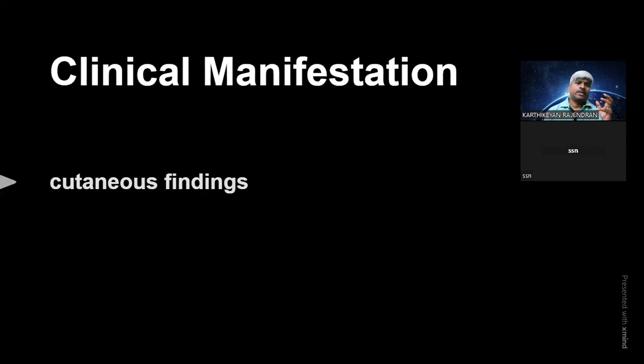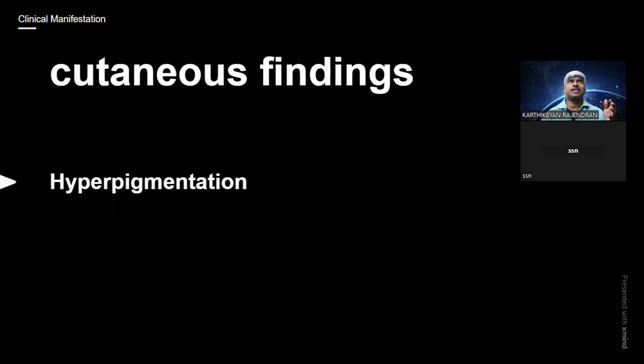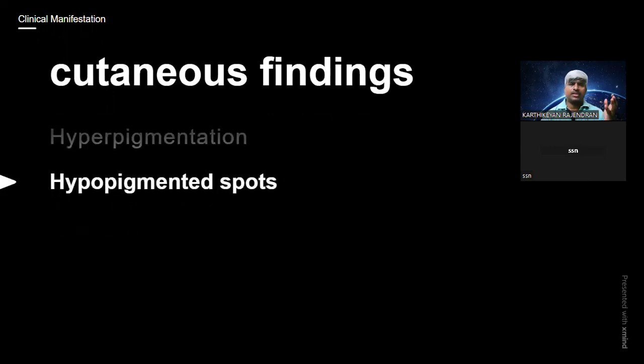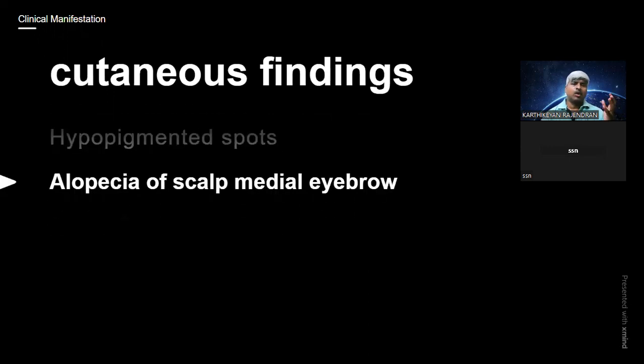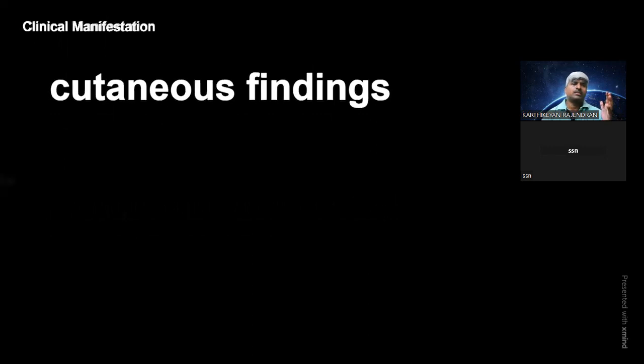Coming to the clinical manifestation, I already told you it mostly affects the skin, subcutaneous tissue and our CNS. Coming to the cutaneous findings, we see hyperpigmentation and hypopigmented parts, and alopecia of the scalp, eyebrow and eyelashes is also noted.